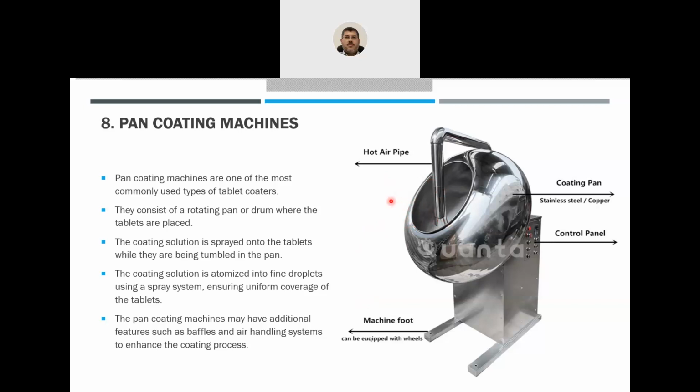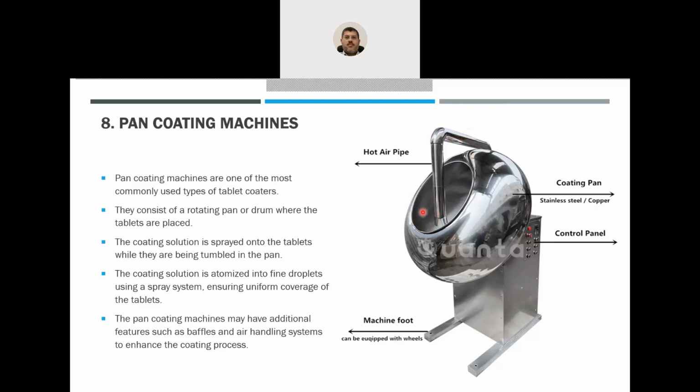So now this coating material is in the form of suspension or usually solution. So we want the solvent to evaporate. How will the solvent evaporate? The solvent evaporates by the effect of the hot air continuously pumped through this pipe.